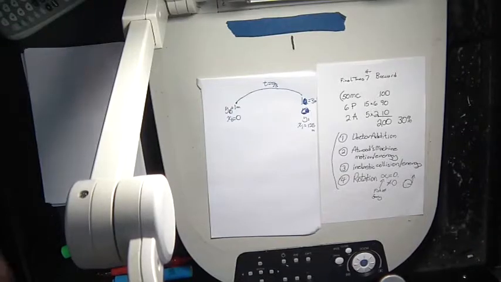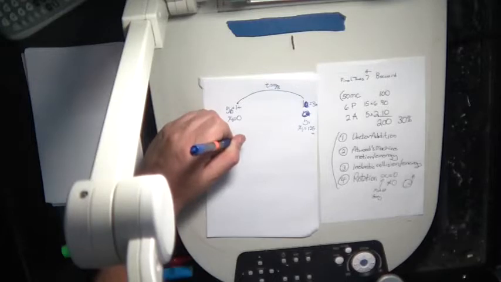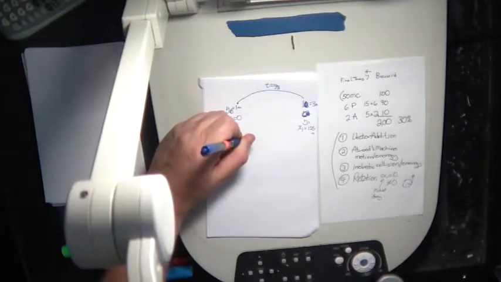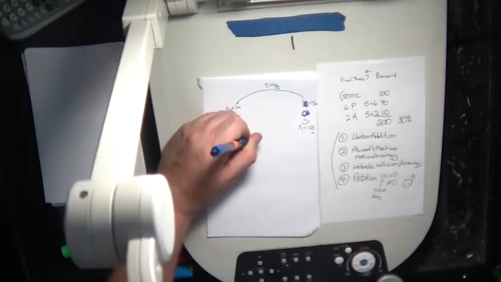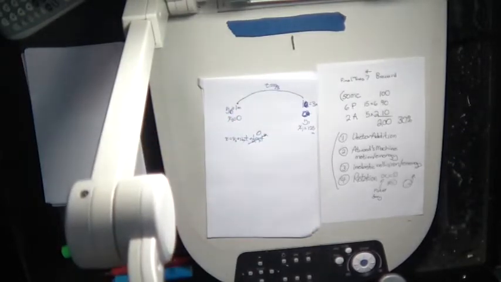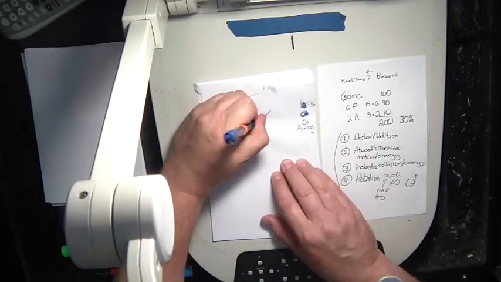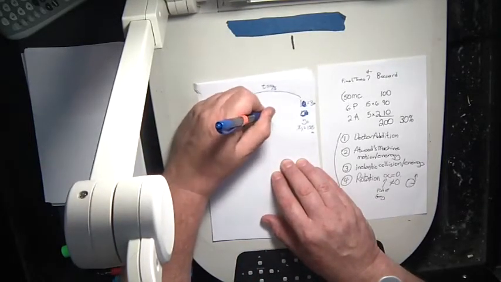You don't have to be given it. AX is 0, X naught is 0, because it's launching.